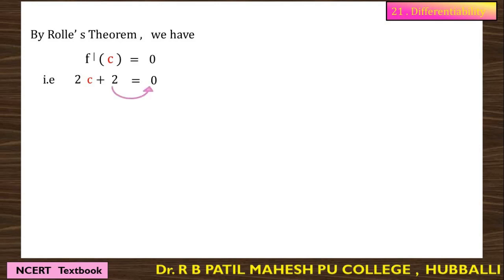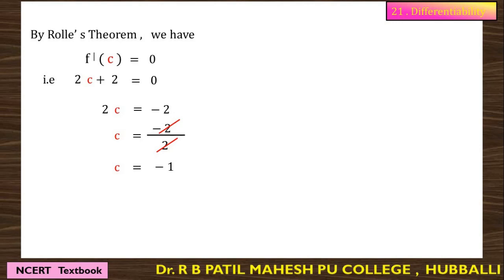So transfer 2 to the right side, you will get 2c is equal to minus 2. It becomes plus 2 to minus 2. And 2 is a multiplier of c, so it goes to the denominator of minus 2, that is minus 2 divided by 2, and here it cancels, so you will get minus 1. Now the question is whether this point belongs to the open interval or not.